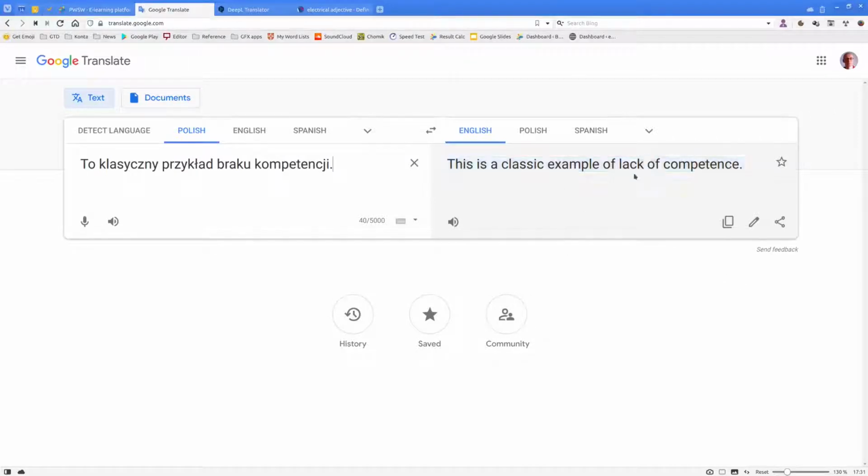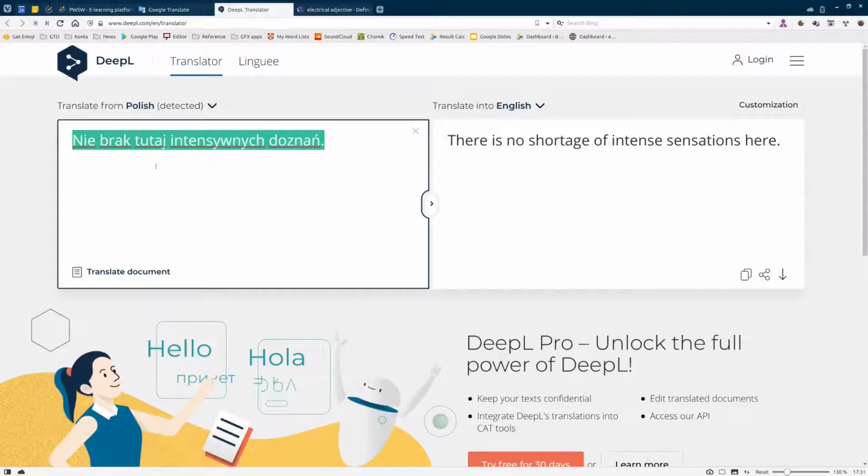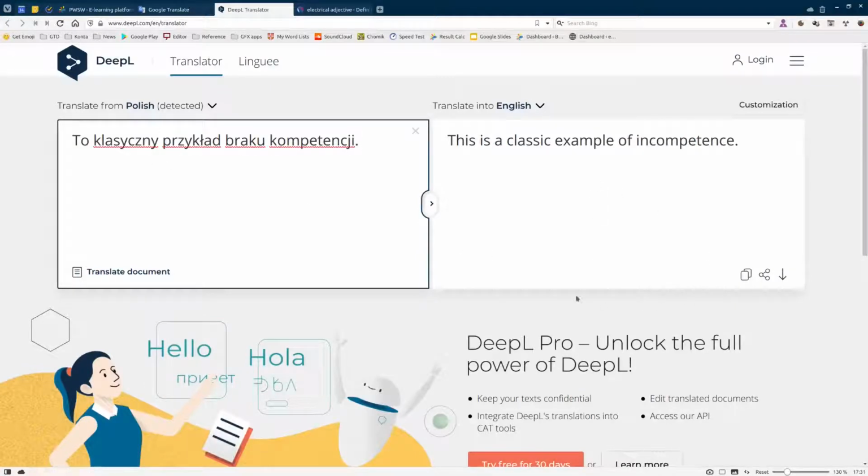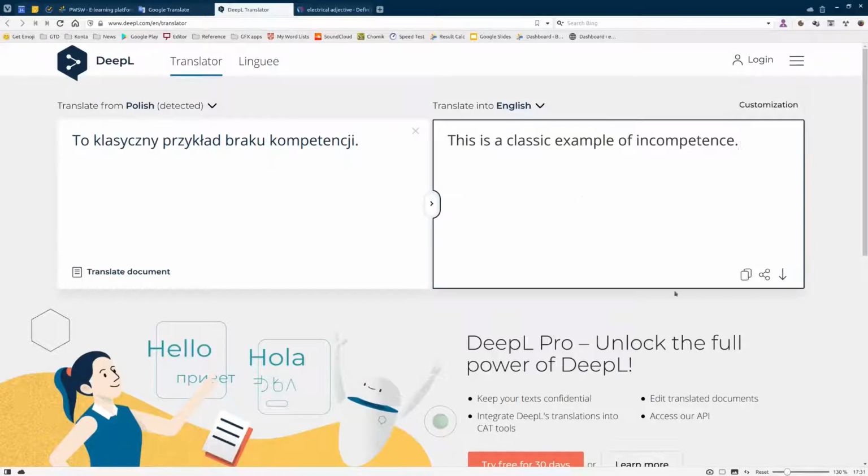This is a classic example. So this is the phrase we're interested in, or the word that we're interested in. Classic example, no problem with that. Lack of competence. Okay, and DeepL actually has a slightly more elegant translation, a classic example of incompetence.